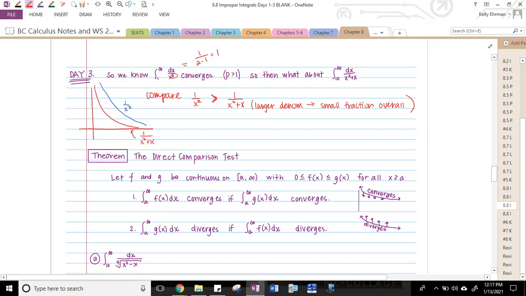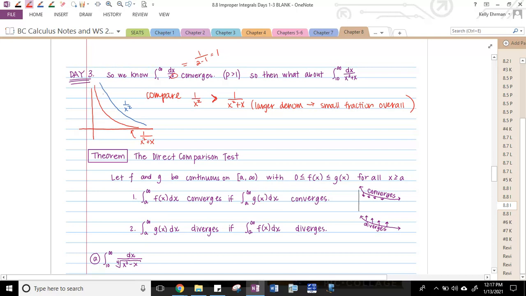And remember, I was kind of saying if an infinite integral converges, it means that it must be decreasing fast enough that when you're adding up that infinite area, you're pretty much adding up 0 at some point. And so it does have a finite area. So if 1 over x squared decreases fast enough to converge, then 1 over x squared plus x, which is already smaller than 1 over x squared, it must also decrease fast enough.